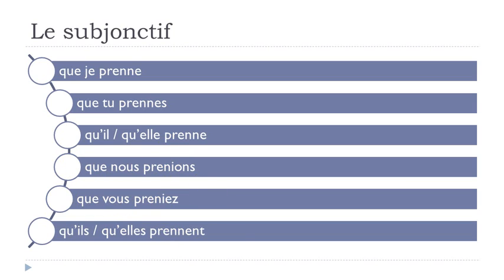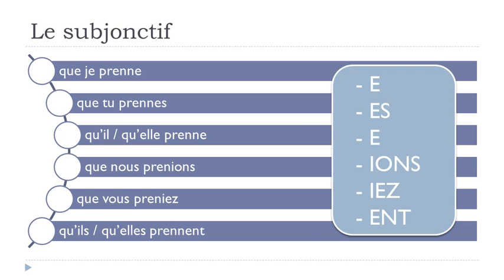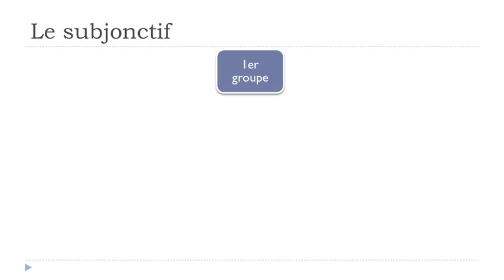Okay, but I took this special verb, prendre, to take, on purpose because I thought that it was quite difficult. So, you know, now you can see the way to make it. And after that, well, first we'll see back again one more time the endings. So es, ions, iez, ent. All right, but then now we'll see the verbs from the first group.